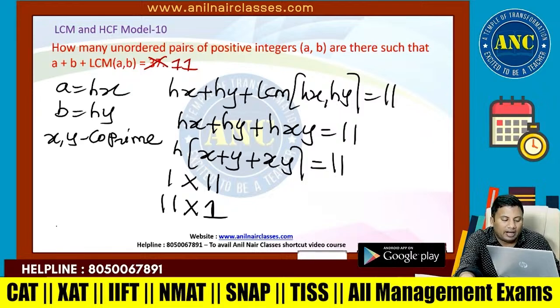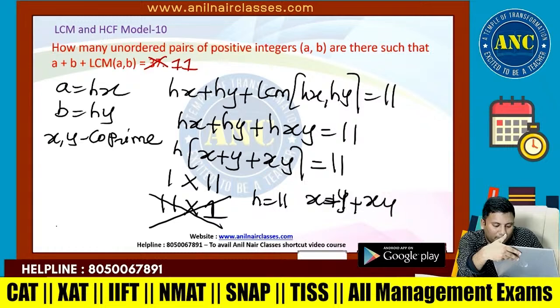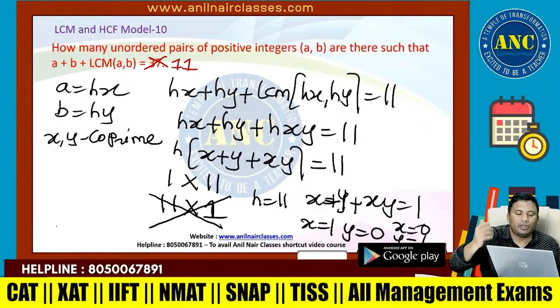This is not possible because if h is 11, x plus y plus xy will be 1, which means x is 1 and y is 0, or x is 0 and y is 1. X and y cannot be zeros. Till here it is clear, right?